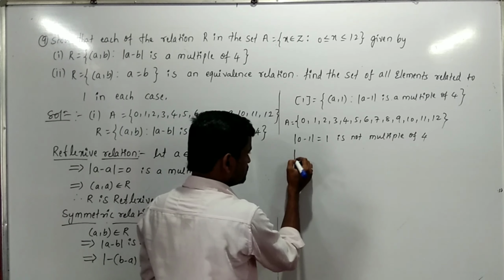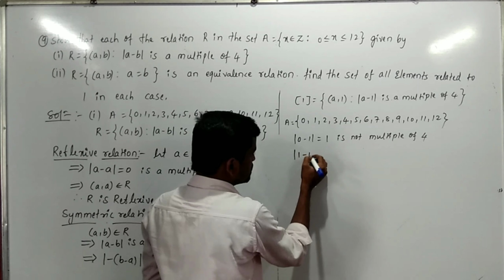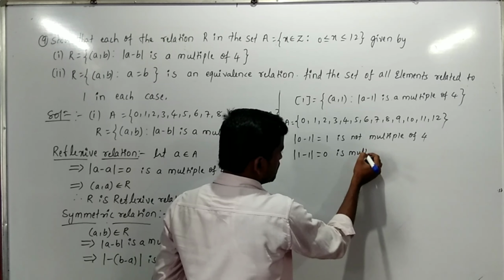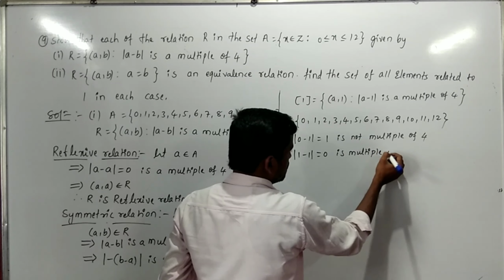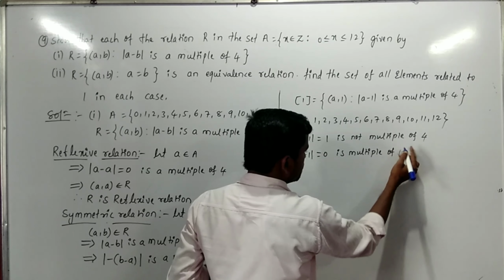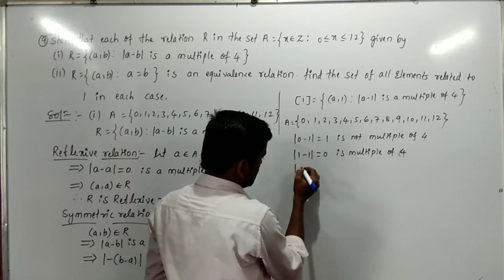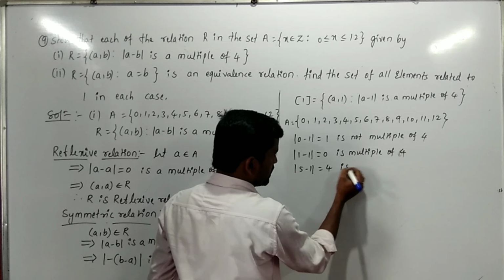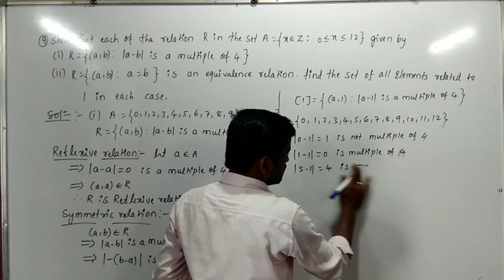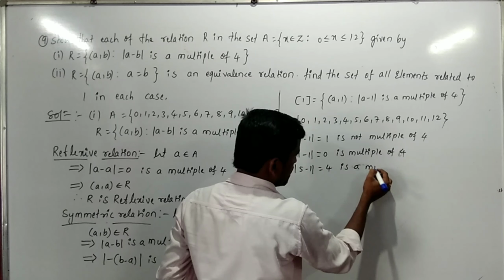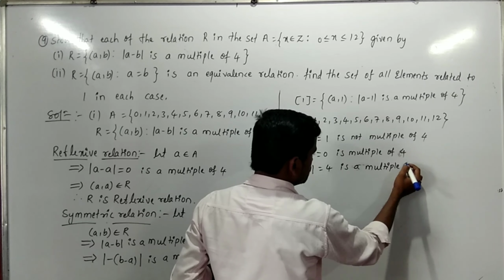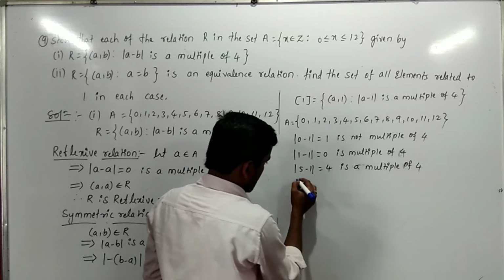Then 1 minus 1 is equal to 0, 0 is a multiple of 4. Then 5 minus 1 is 4, 4 is a multiple of 4.